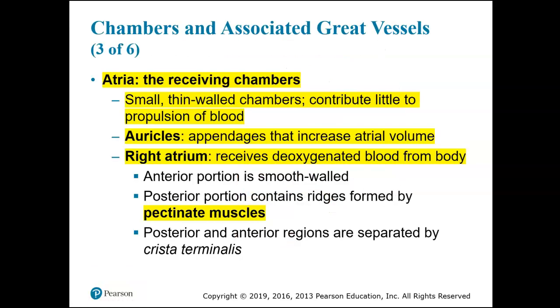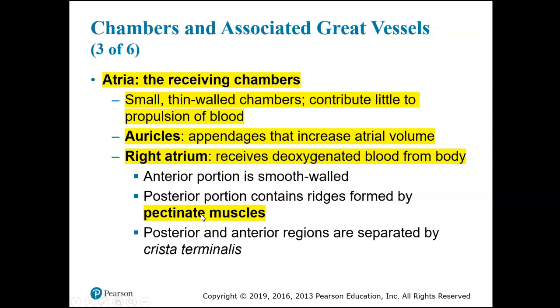Okay, so the receiving chambers of the heart are called the atria. The appendages of the atria that look a little bit like elephant ears are called auricles, and they increase the volume of the atria. The right atrium receives oxygen-poor blood from the body.